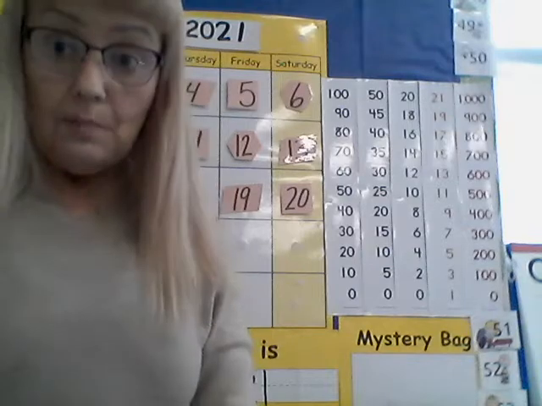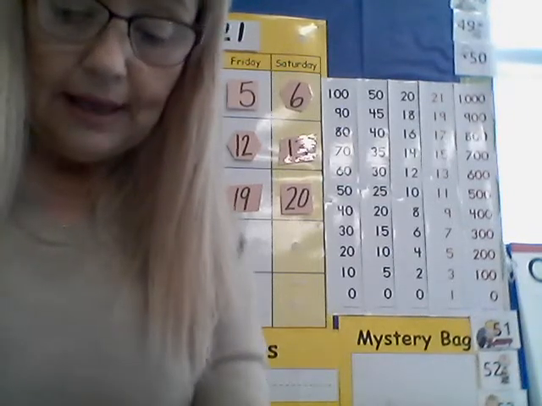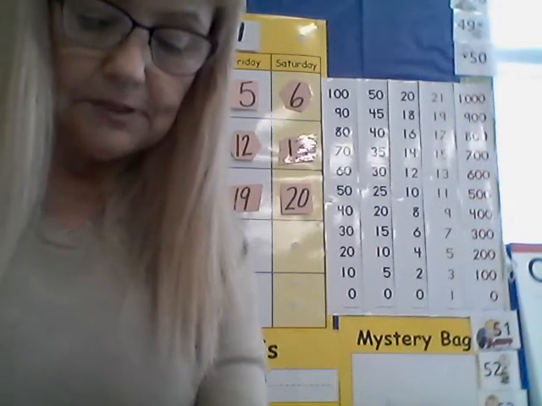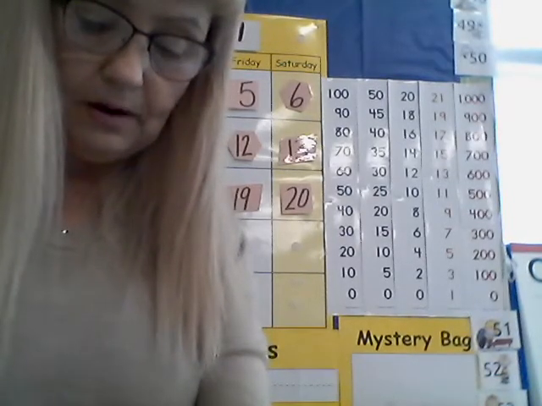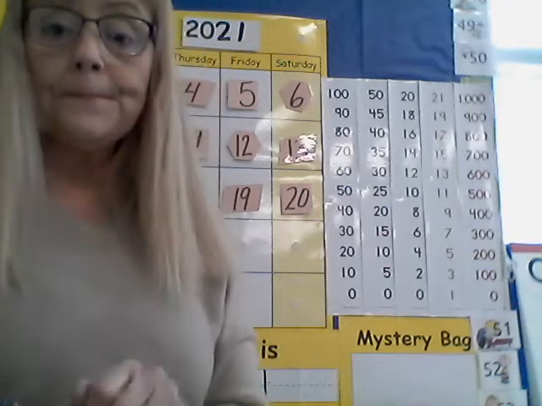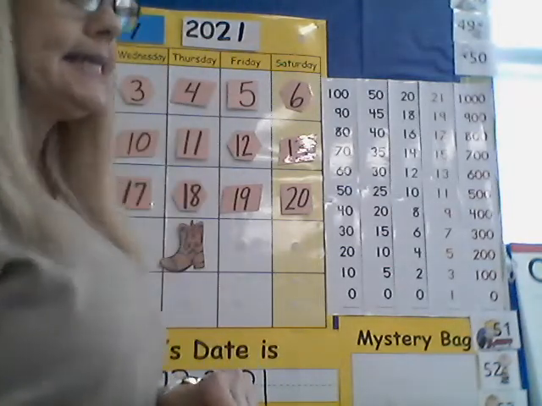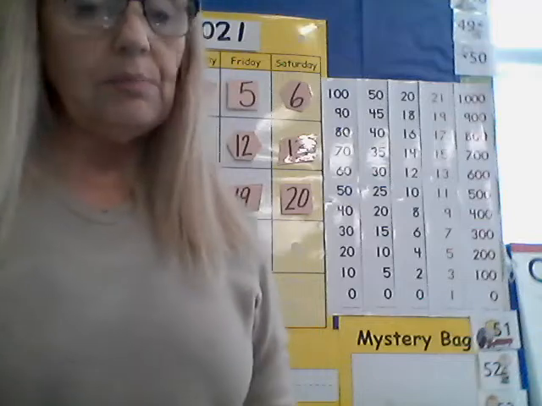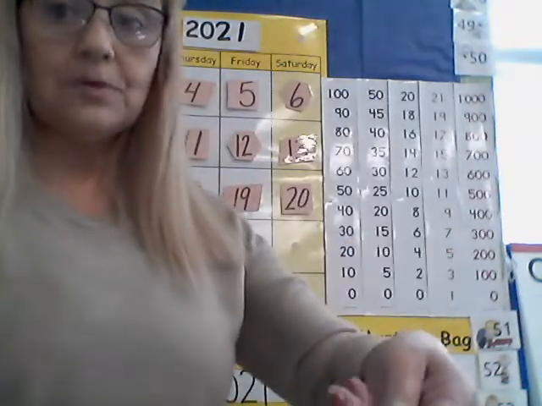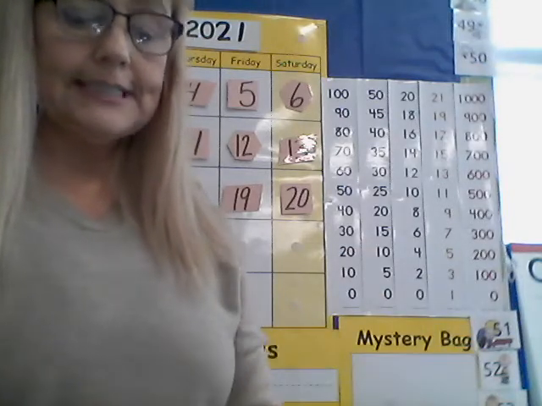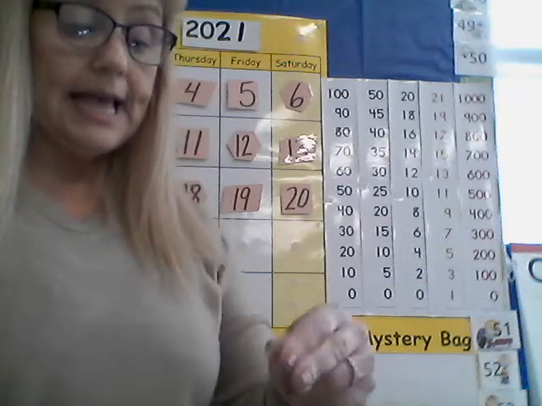So that's correct. Now we need to figure out how much money that is total. And of course, we're going to start off with our dimes because they're worth more. And they are worth, how many cents are they worth? They're worth 10 cents. All right, so here we go. Count with me, and we're going to count by tens. 10, 20, 30, 40, 50, 60, 70, 80, 90.